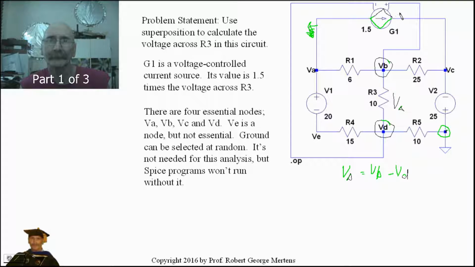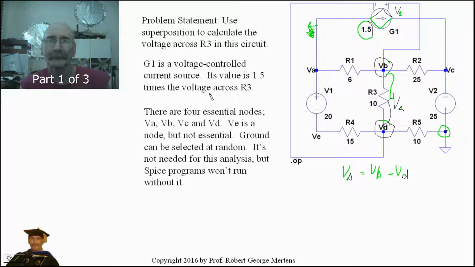So that is going to be our V delta right there, which determines what the current through that power supply is. This power supply G1 is a current source, and this 1.5 here is the multiplier. So if this is 3 volts, times 1.5 is going to be 4.5 amps. So whatever's dropped across here dictates the current through this source.